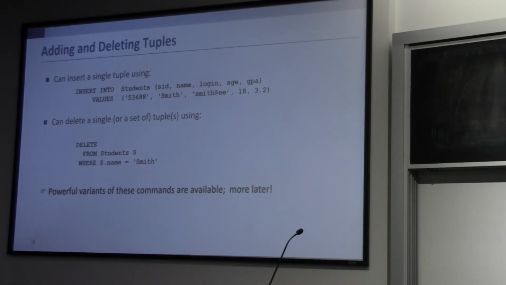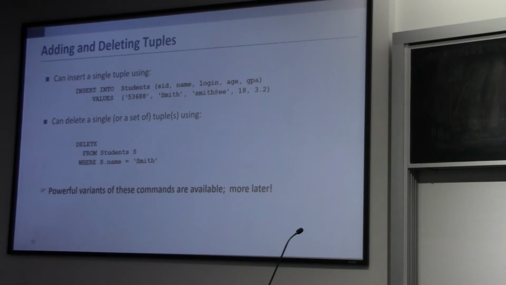Some of you might have noticed that this is slightly different from the demo I just did. In the demo I did, I just did insert into course, but without the list of attribute names. I go directly with values and a list of values. What's the difference of the two? Here's the difference.